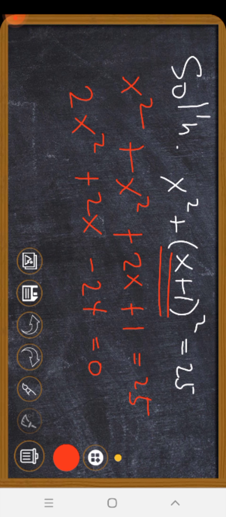Dividing both sides of the equation by 2, you will get x squared plus x minus 12 is equal to 0. Okay, now again, rewriting the equation, x squared plus x minus 12 is equal to 0.